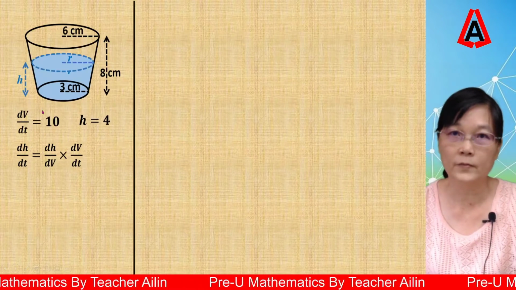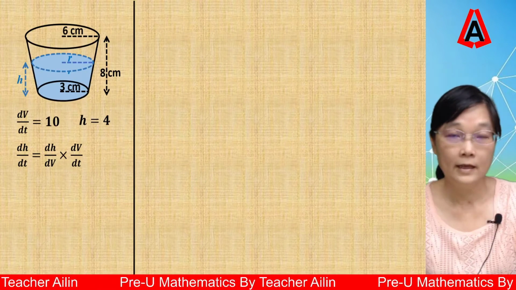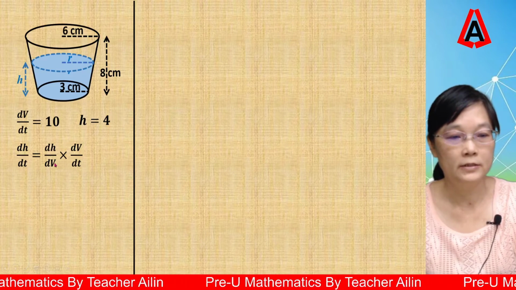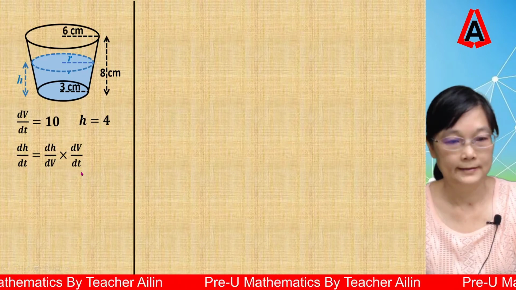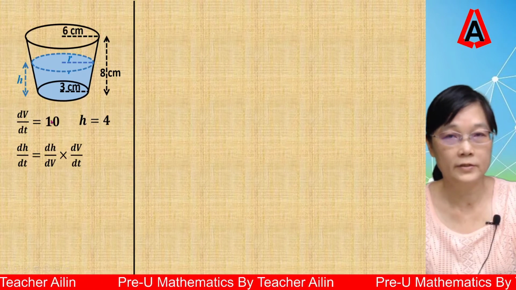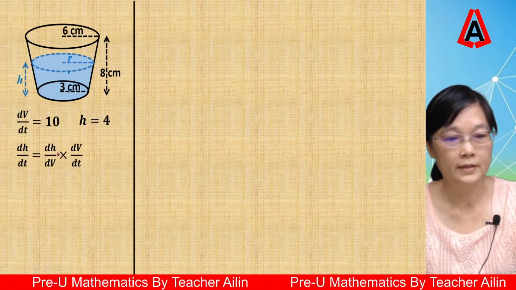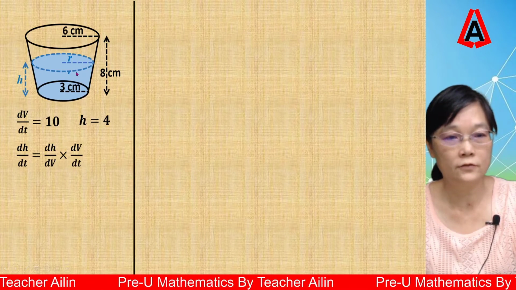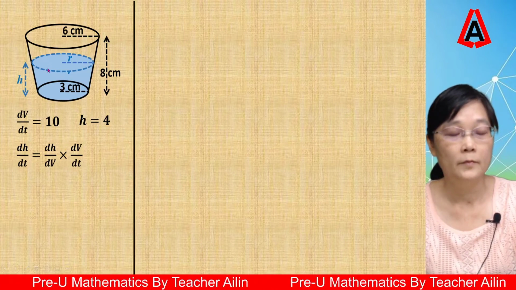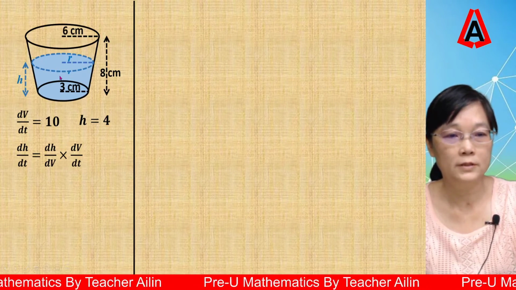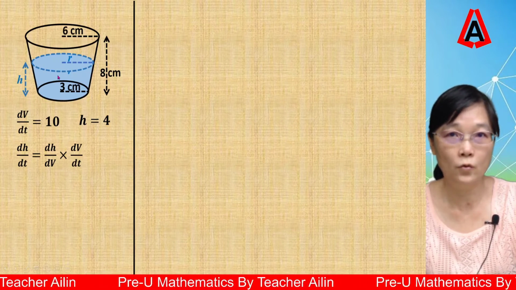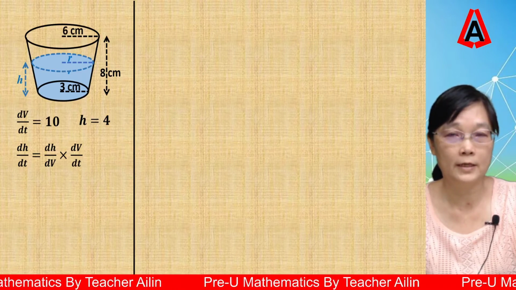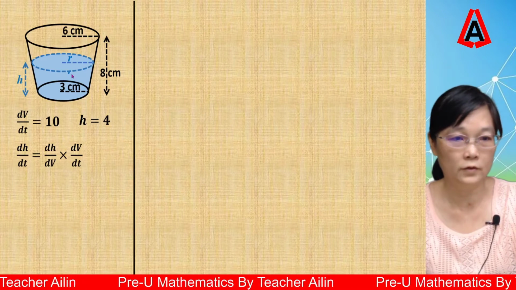Now to find dh/dt, we use the chain rule: dh/dV times dV/dt. dV/dt is already given in the question, so now we need to find dh/dV. Before we can find dh/dV, we need to find the volume of the water. But notice that the shape of the water in the container is not a cone shape. So we cannot use V equals 1 over 3 pi r squared times h to find the volume of the water.